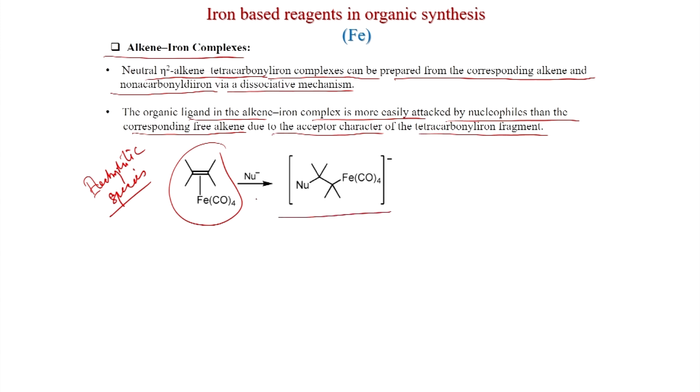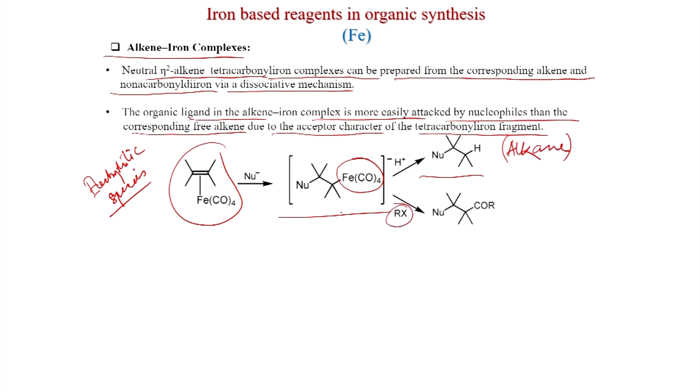So, you can see the nucleophile added and this Fe(CO)4 is now connected to one carbon and overall a negative charge is there, and now this can react with H plus. So, if you react with H plus, then this iron tetracarbonyl can be removed and you can get formal addition of nucleophile to olefin. So, an alkane is formed here, this is the alkane with the nucleophile.